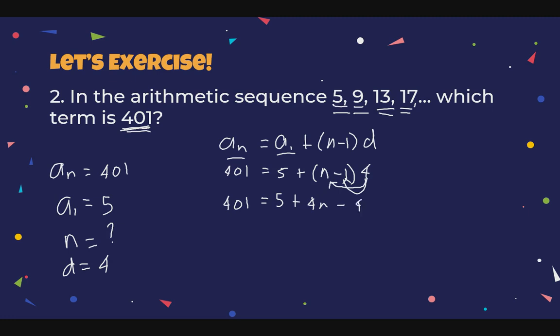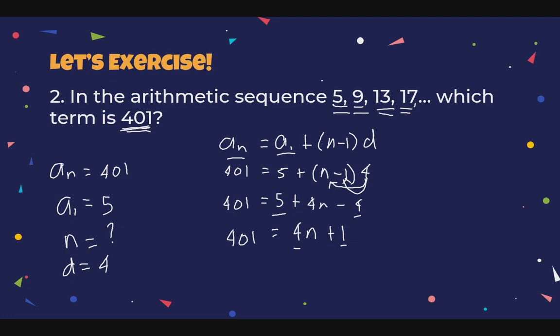Now let's combine similar terms on the right side of our equation. 5 minus 4. So we will just copy 401 is equal to 4n, 5 minus 4 is 1, plus 1. So our goal here is to eliminate 1 and reduce 4 to 1, or just n.